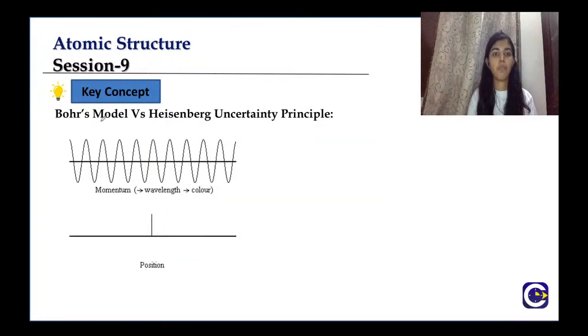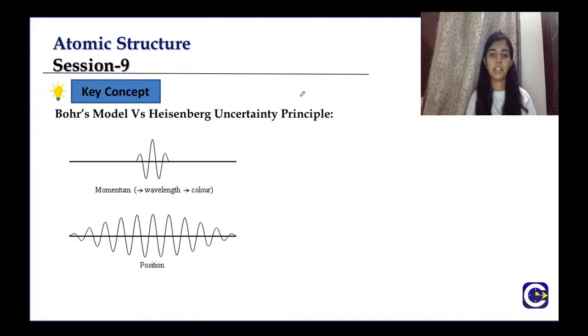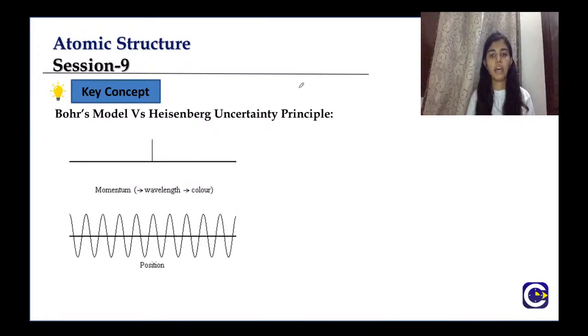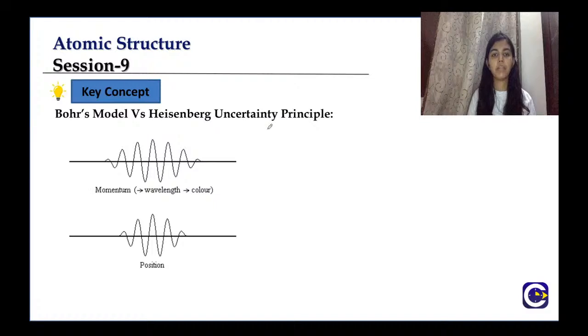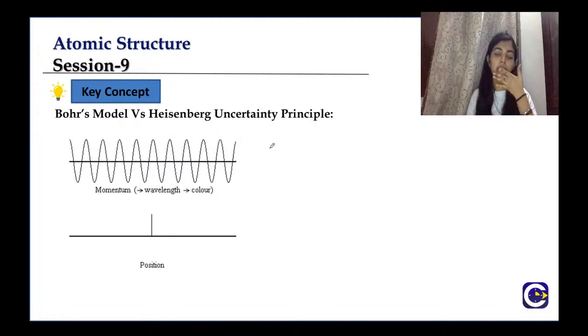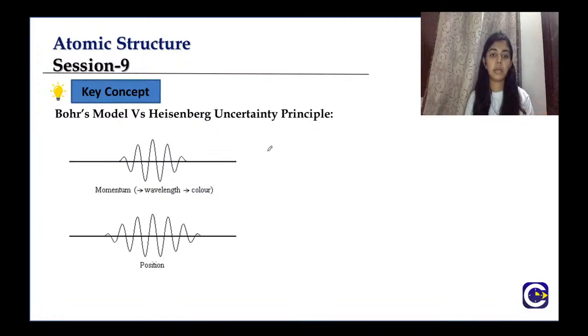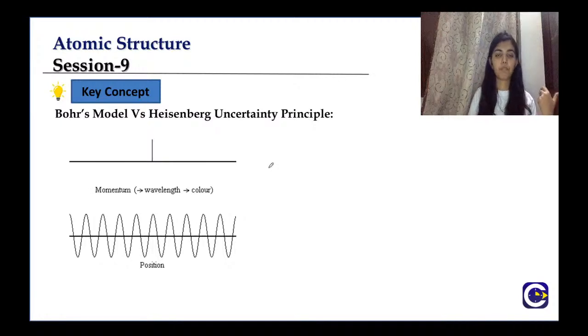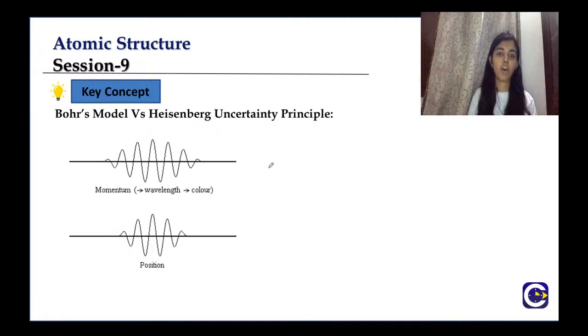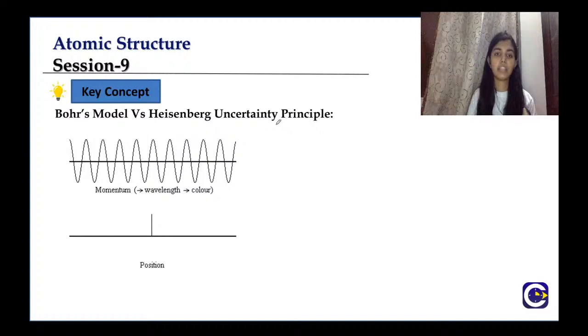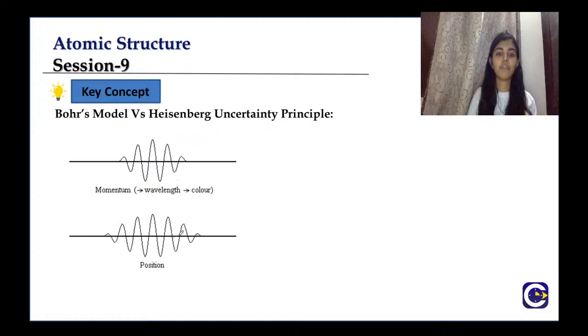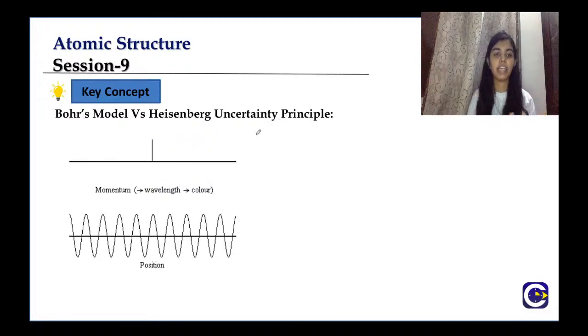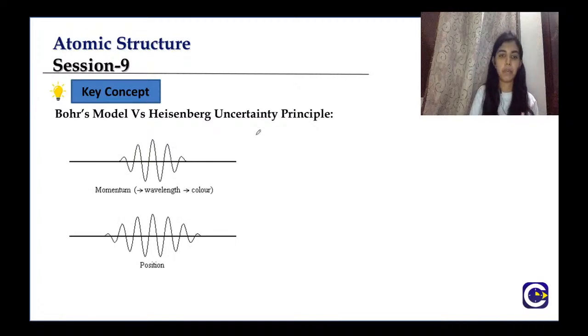Yeah, so Bohr's model versus Heisenberg uncertainty principle. Now see here that Heisenberg uncertainty principle said that you cannot determine the position and momentum of the electrons simultaneously. If you go on valuing the position accurately, there will be more uncertainty in momentum.